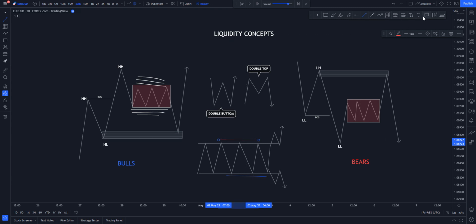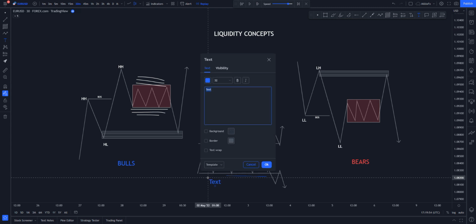Let me write it down for you not to forget. I'm going to put buy stop losses, and sell stops. These are two different meanings.